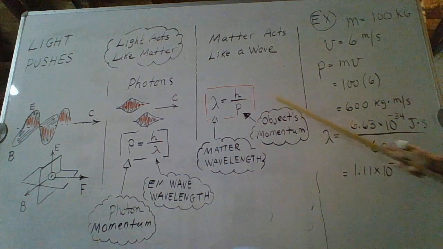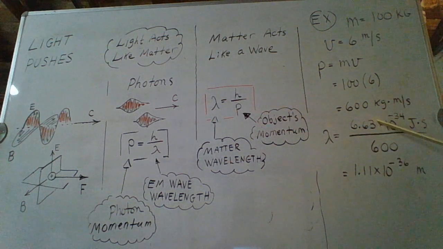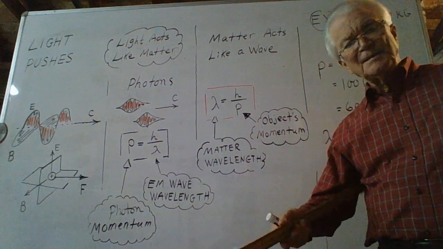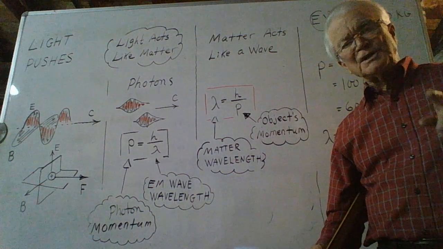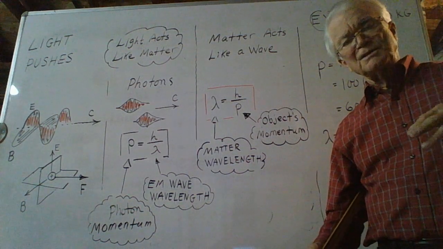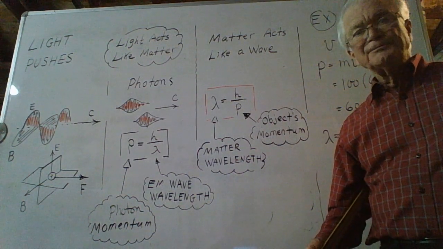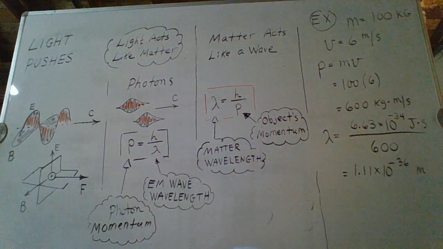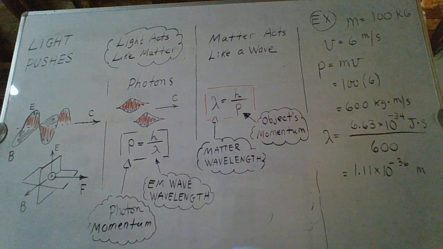In the numerator goes Planck's constant, 6.63 times 10 to the negative 34 joule seconds. Final result, the wavelength of the object's matter wave is very small, 10 to the negative 36 of a meter, which is absurdly small.